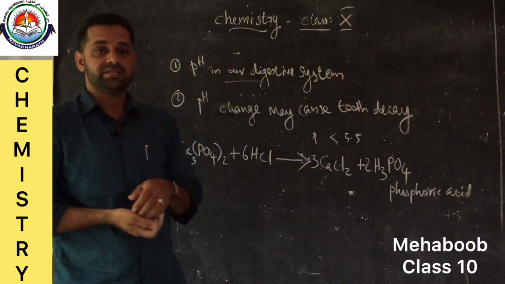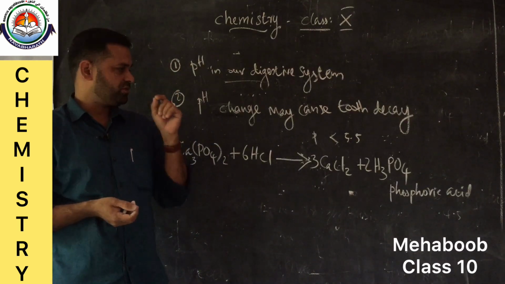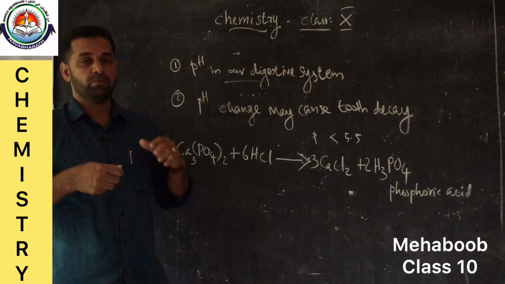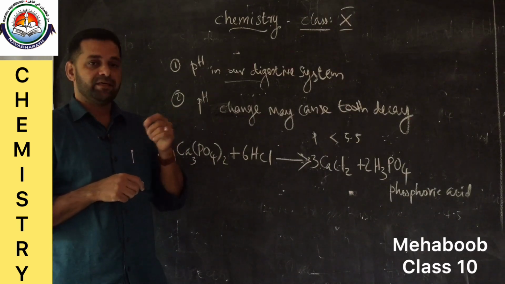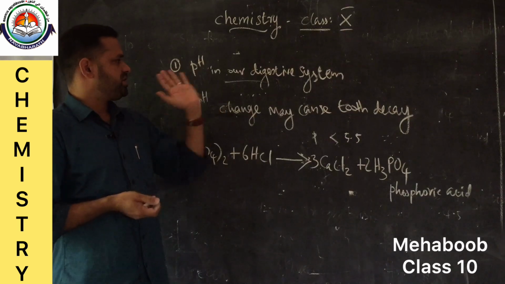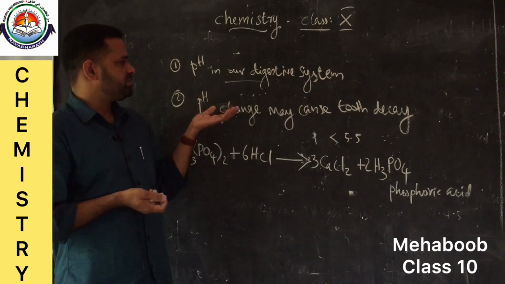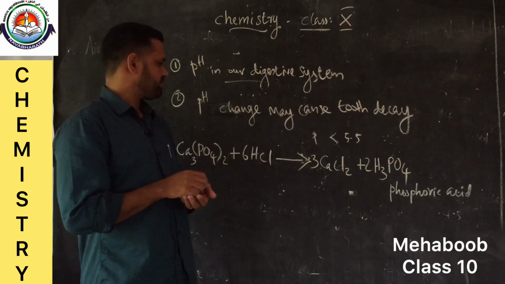So these acids will react with the enamel, which is the toughest part of our human body, and then corrode it. So that is how pH change adversely affects the teeth. That is, it may cause tooth decay.